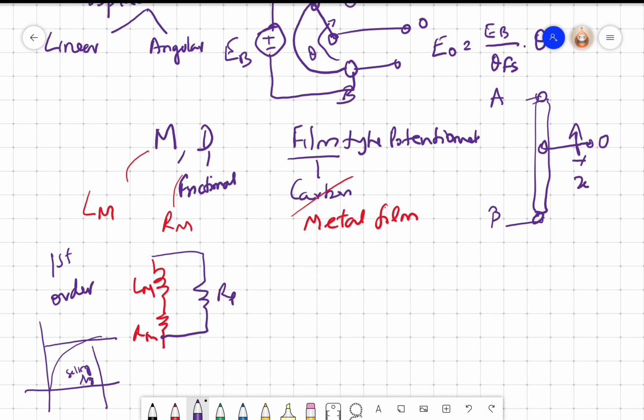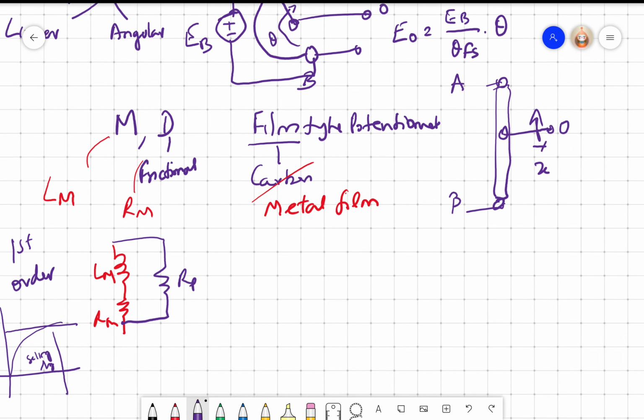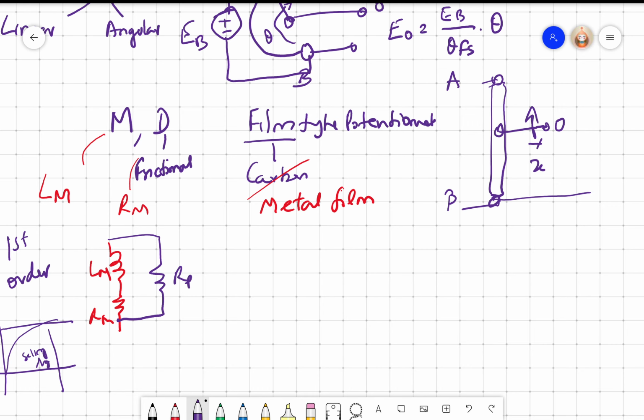Okay. Now, if I look at E naught, so if I use the electrical equivalent circuit, so I have this EB by capital L into X, that's the voltage that is generated, right? So I am looking at from here, right? So this is EB.